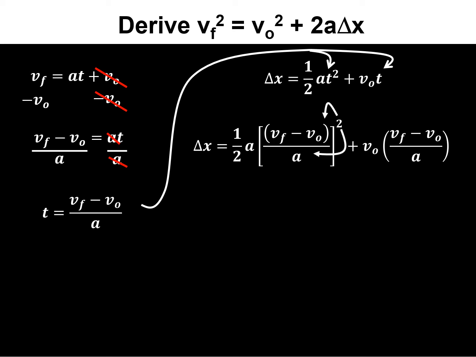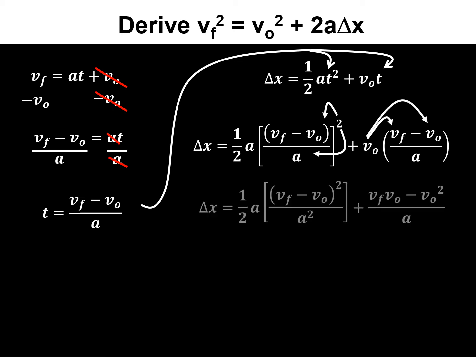We're going to distribute the square to the numerator and denominator. We're also going to distribute the initial velocity to the numerator of the other term. That gives us 1/2 times acceleration times the quantity final velocity minus initial velocity squared, divided by acceleration squared, plus final velocity times initial velocity minus initial velocity squared, both of these terms being multiplied by initial velocity divided by acceleration.